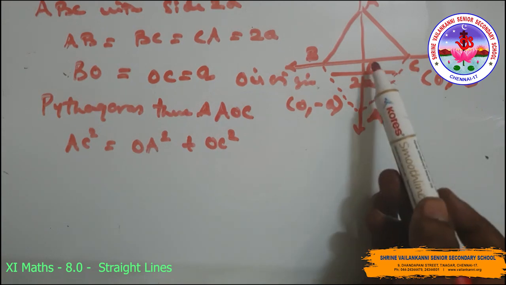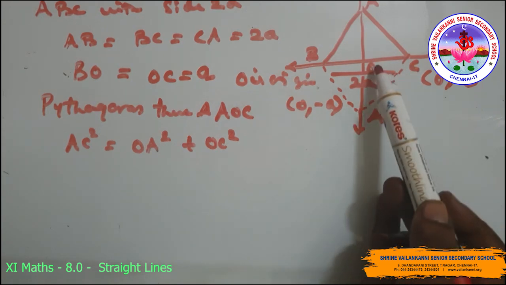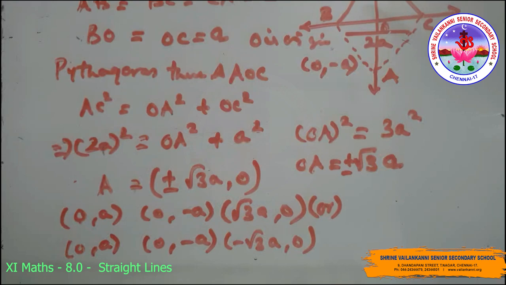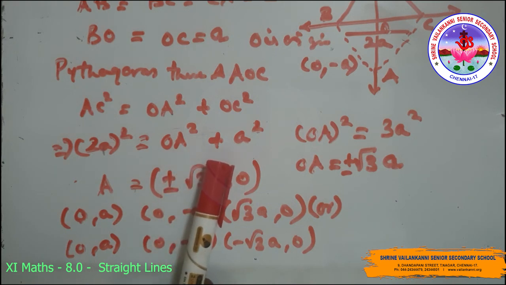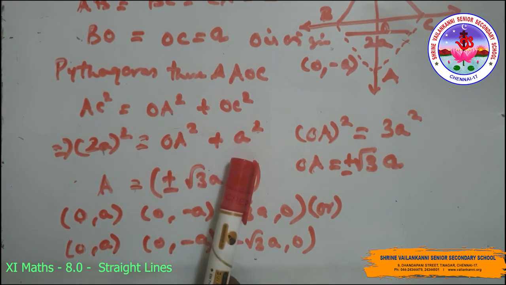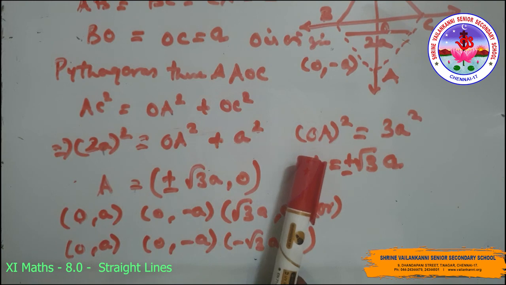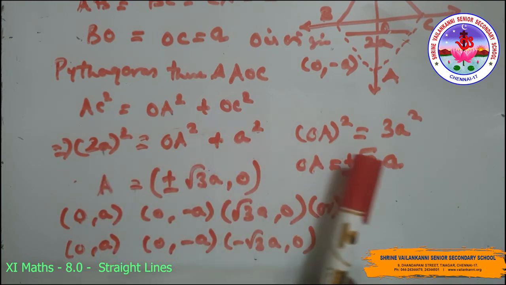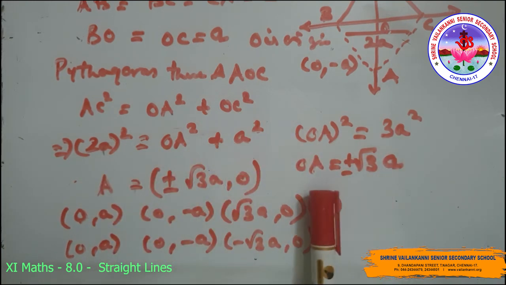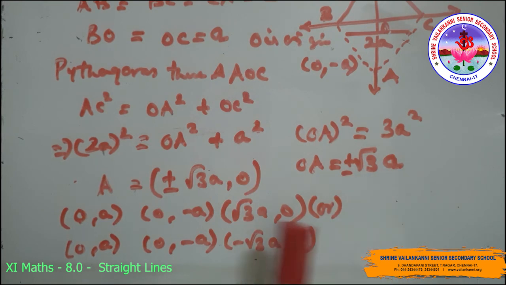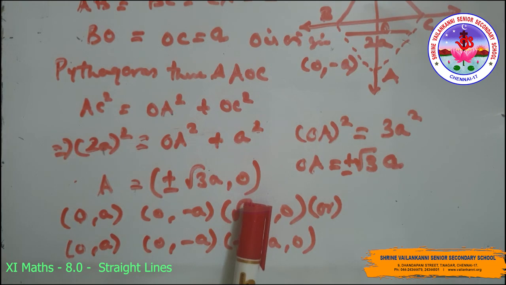So AC square equals OA square plus OC square. AC square is (2a) whole square, which equals OA square plus OC square, which is a square. So OA square is 4a square minus a square, which is 3a square. OA is plus or minus root 3 a, and the vertices of A are (plus or minus root 3 a, 0).